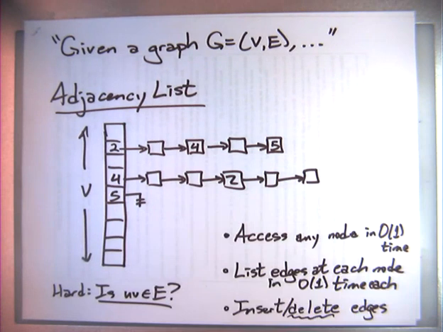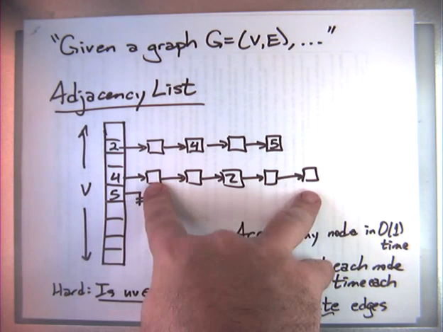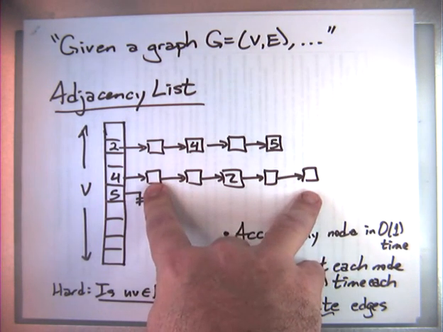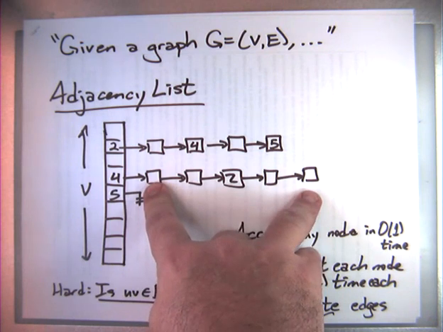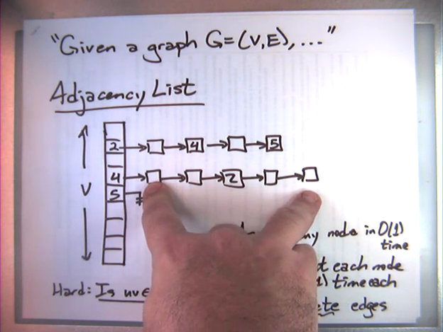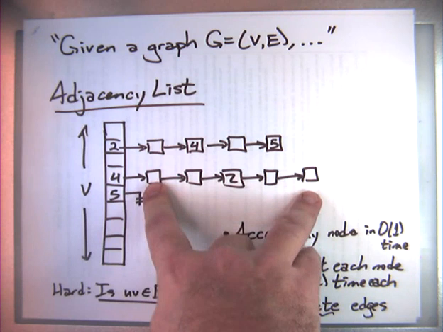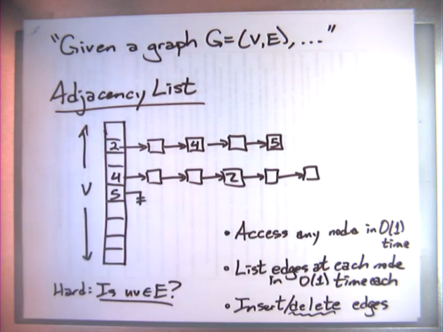If I really wanted to be able to insert and delete things more quickly, maybe it would be better to use a different data structure here to store the list of my neighbors. For example, I might store the list of my neighbors in some sort of balanced binary tree, and then if I want to see whether I'm connected to somebody, I only have a logarithmic, binary search to do instead of a linear search.